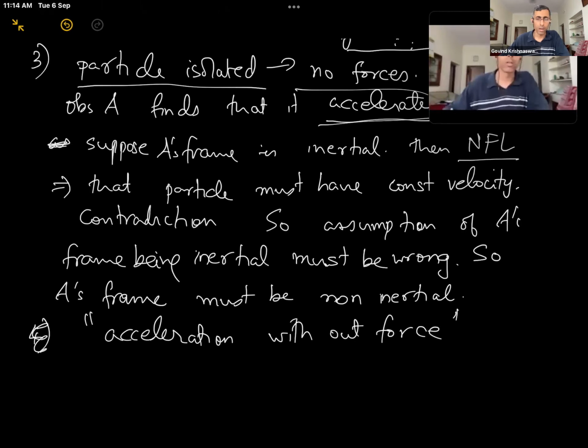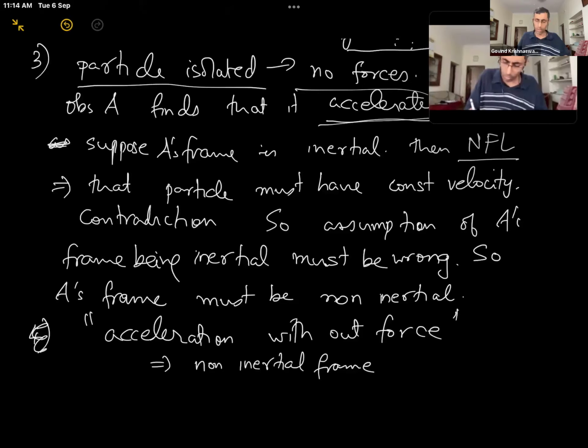And what we have concluded is that if that happens, the observer's frame must have been non-inertial. We will meet this later on also. That is as much as I want to say right now.